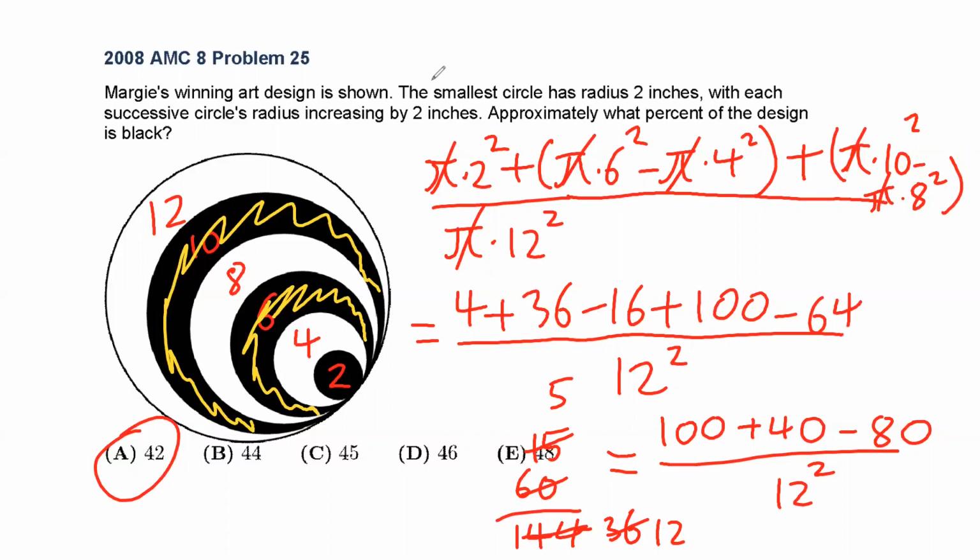Oh, you want me to do that, okay, sure. To convert 5 over 12 to a percentage, we have to increase 12 to 100. So we multiply both the numerator and denominator by 100 over 12. Let me erase some stuff up here.